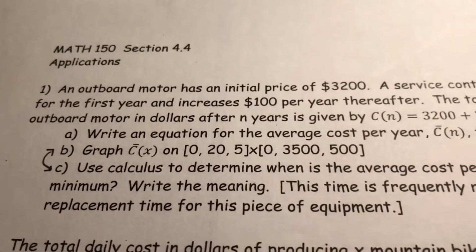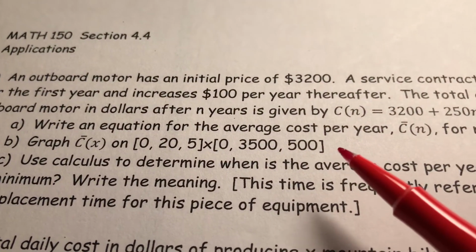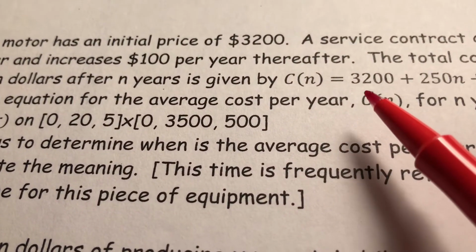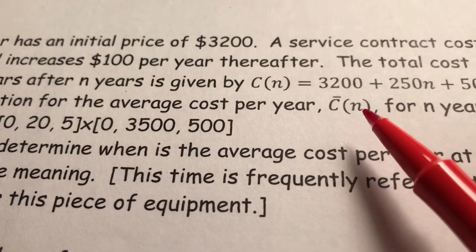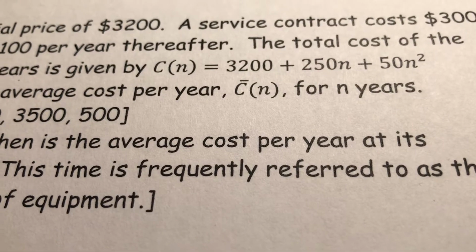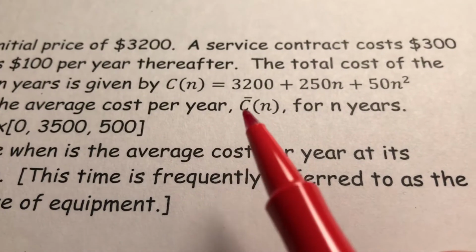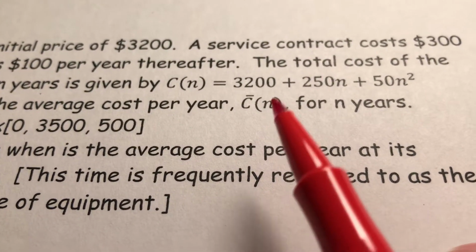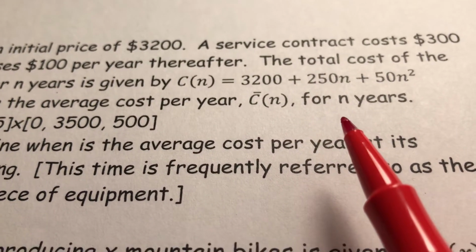Then it says, write an equation for the average cost per year, remember that's the C bar of n, for n years. So we're not used to having n, we're used to having x here, which is that production. Here it's talking about a contract for n years.